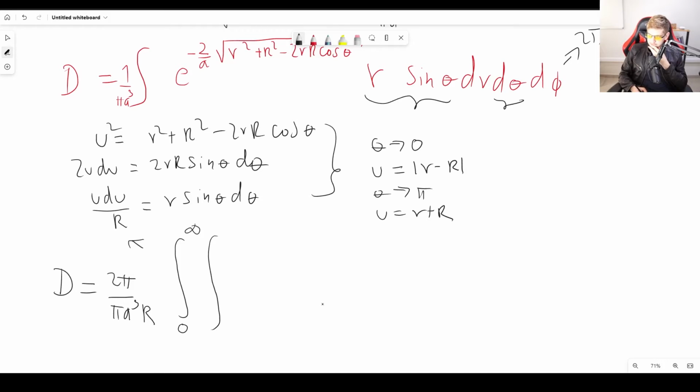Okay, now this goes from r minus R to r plus R. And then we have e to the minus 2 over a u du dr. This time, unlike before, we don't have the extra r lying around, nor do we have the extra exponential.